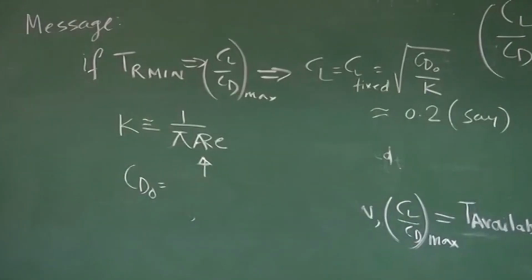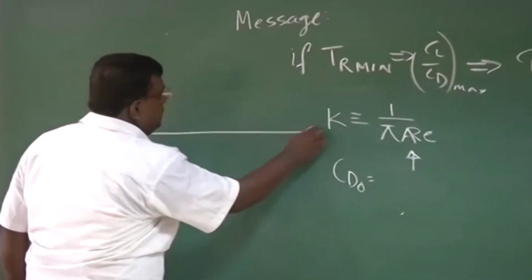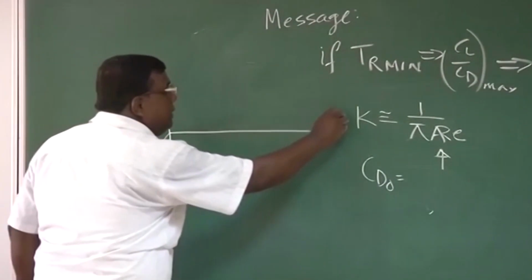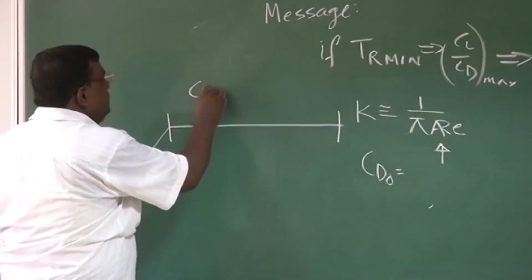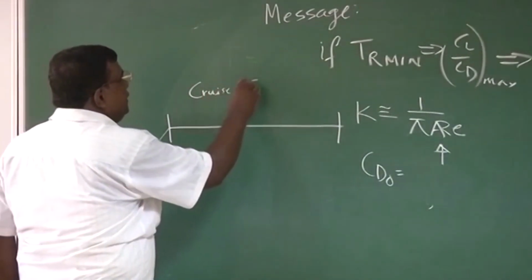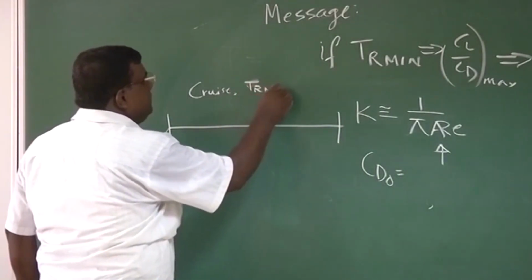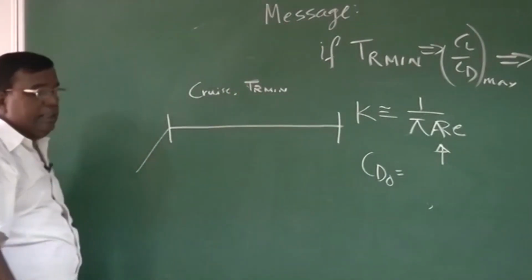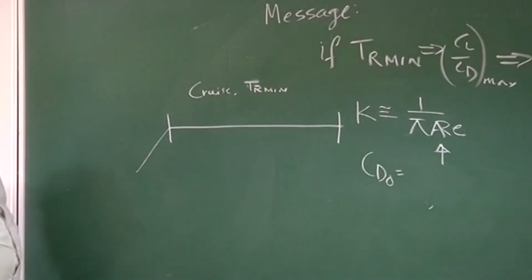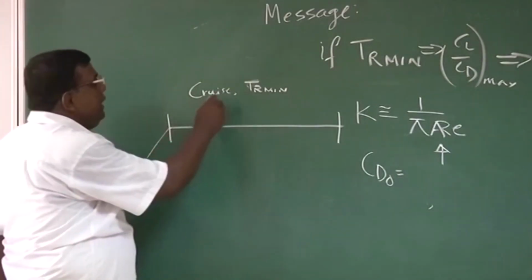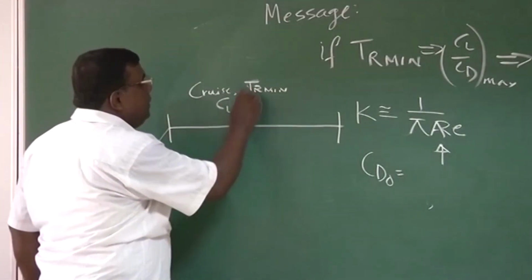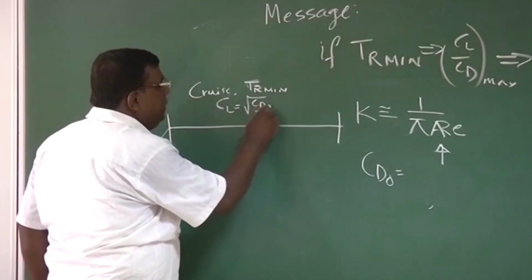Suppose you are telling pilot, you cruise here, please cruise such that thrust required is minimum. If that is the statement a designer has given to the pilot, it means he has to fly at CL equal to CD naught by K.